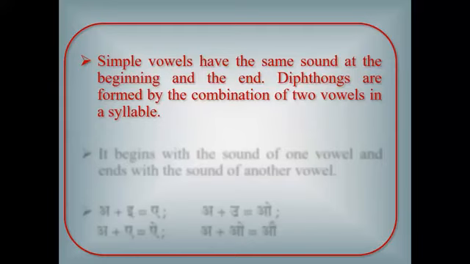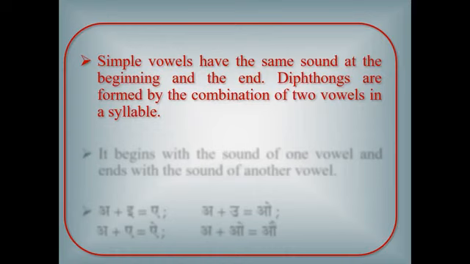So for the letter A, the place of pronunciation from the starting to the end is the same. That is why they are called simple vowels. A, I, U, R, L are simple vowels because they have the same sound. Same sound means the place of pronunciation is the same from the beginning to the end.